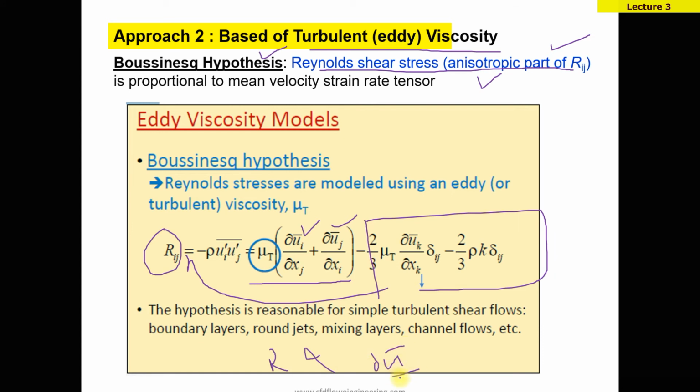In short, it is directly proportional to the mean velocity gradient. And that constant is a new term, called the turbulent viscosity. Once this is modeled, we can find the Reynolds stress. And this term becomes 0, and only K, the turbulent kinetic energy, remains.